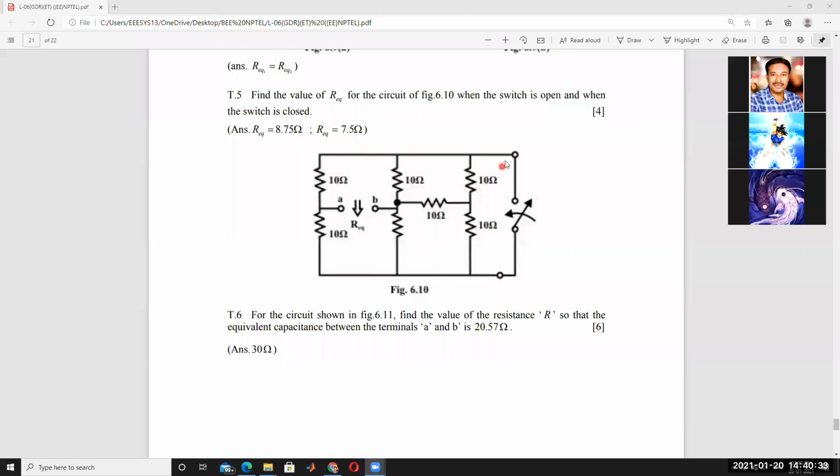Understood? If it is connected like this with the switch closed, this resistor becomes parallel, this resistor becomes parallel, and this resistor also becomes parallel. It's clear. Then simplify the circuit, and you will get the equivalent resistance between A and B. It's clear. Understood?